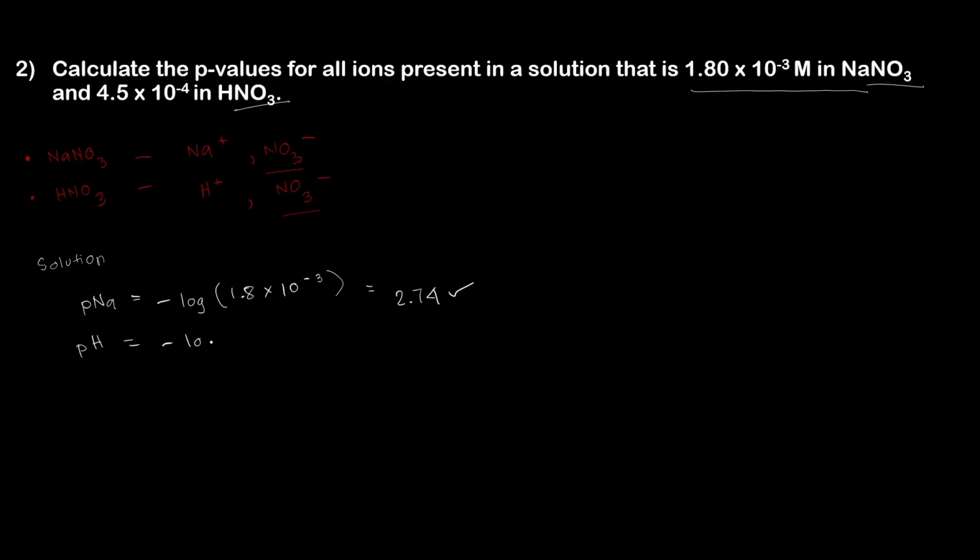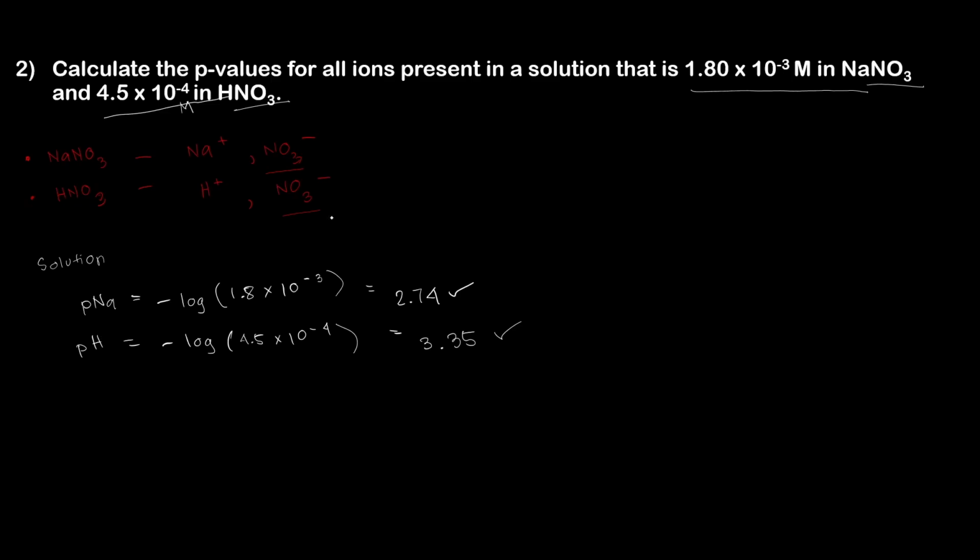Negative log. So H can be found in HNO₃ with a concentration 4.5 times 10 to the negative 4. So this is in molar, 4.5 times 10 to the negative 4. That is 3.35.